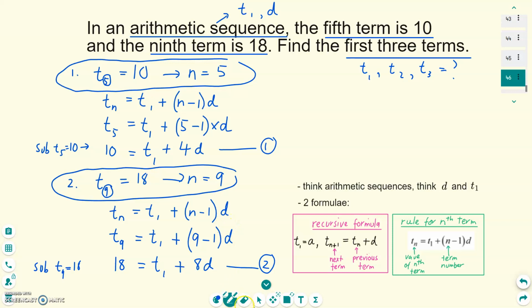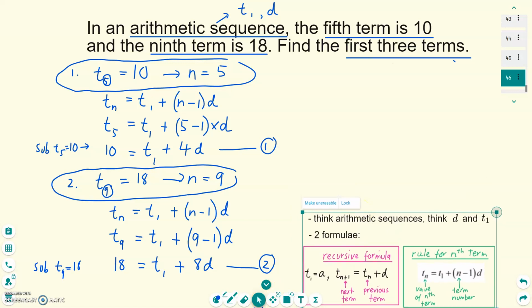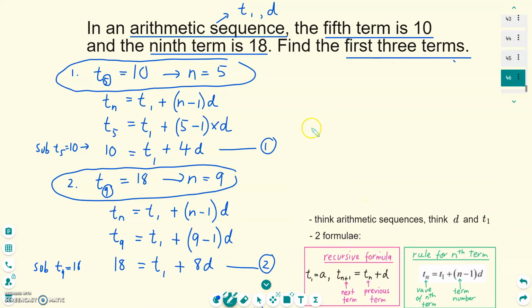Okay, so the next step that I like to do, let's just rub out this. Let's move this down a bit too. I like to write the equations on top of each other. So we've got 2 equations, 2 unknowns. We can solve for these really important guys, T1 and D. Let's write our equations on top of each other.